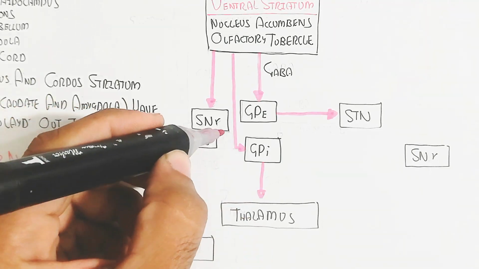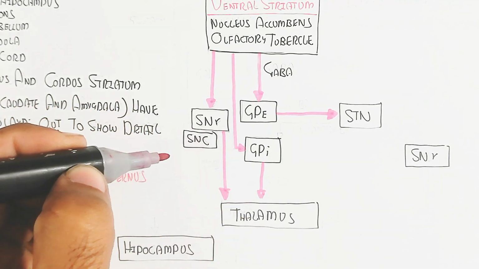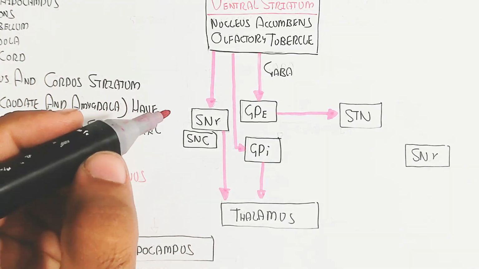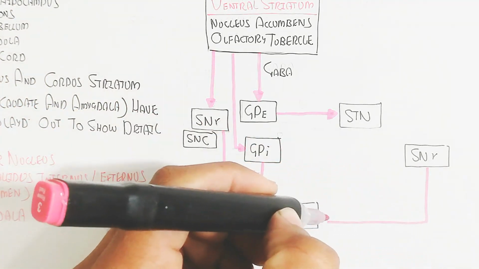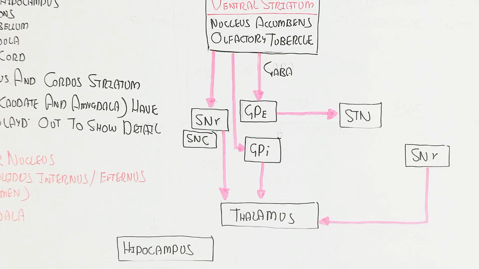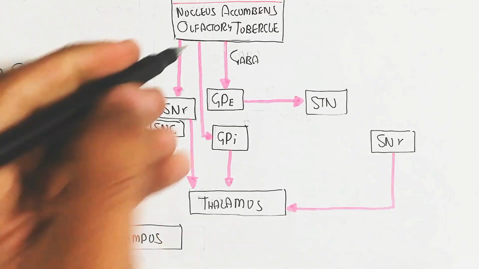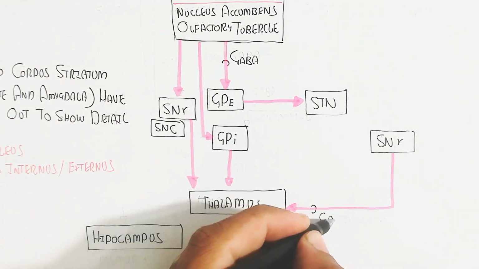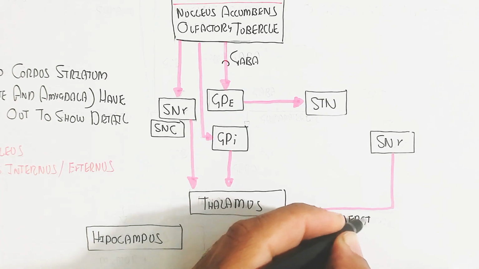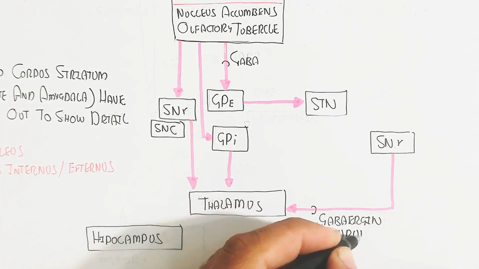The pars reticulata will stimulate the thalamus through GABAergic neurons.